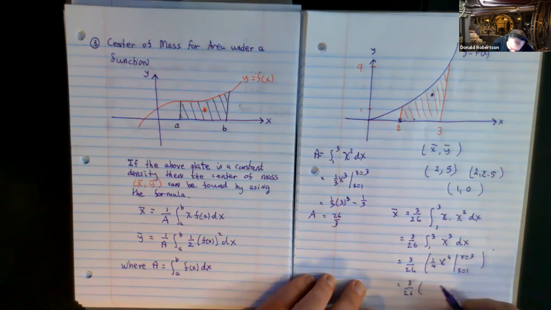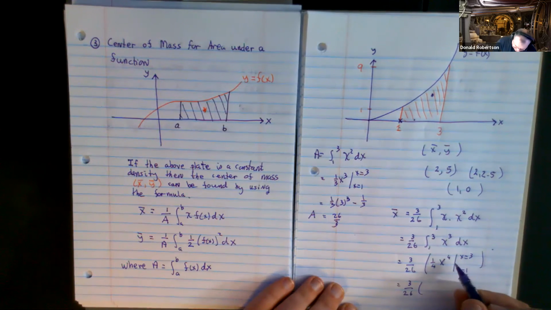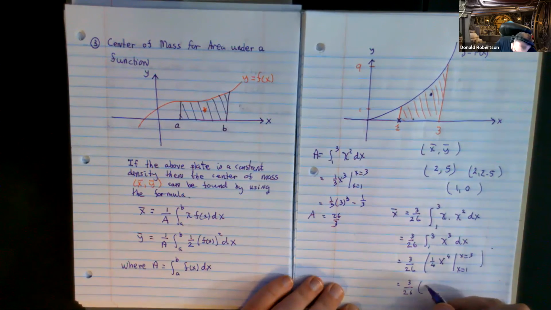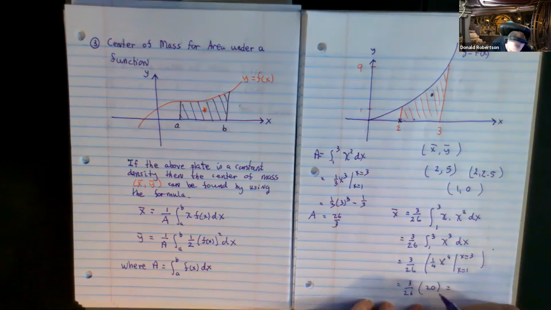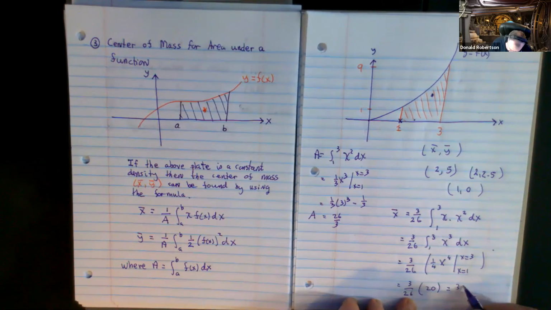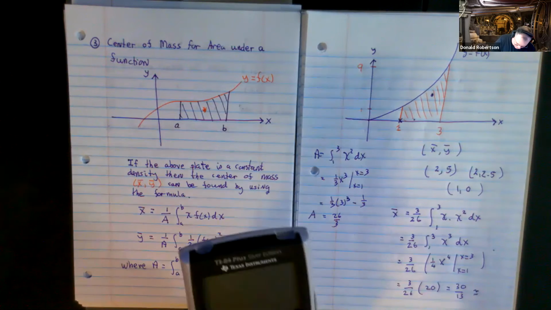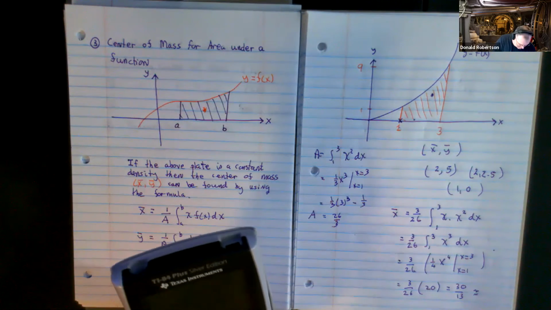If you plug in 3, you get 81 quarters. Take away 1 quarter. 80 quarters, you get 20. If you do a little bit of simplification, divide top and bottom by 2, you get 30 over 13, which is roughly 20 divided by 13.